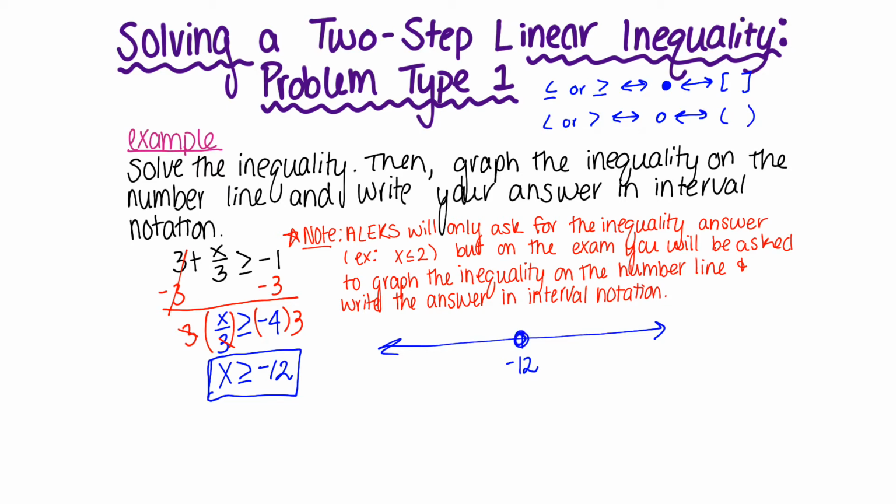So I have a closed circle. Greater than is going to be this direction here. Negative infinity is down this way, positive infinity is up this way. If I read my inequality from left to right, I'm starting at -12, which gets a bracket, and I go all the way up to infinity, and infinities always get parentheses. And that's my interval notation answer.